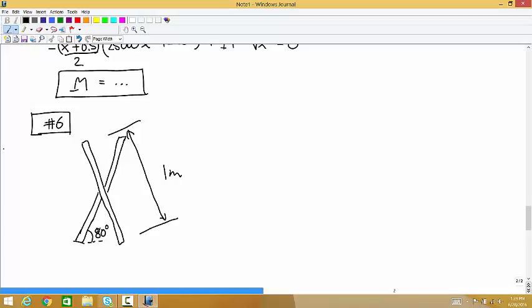Let's do it like that. I'll call this member 1 and this member 2. Member 2 is the one that has the pulley attached to it.